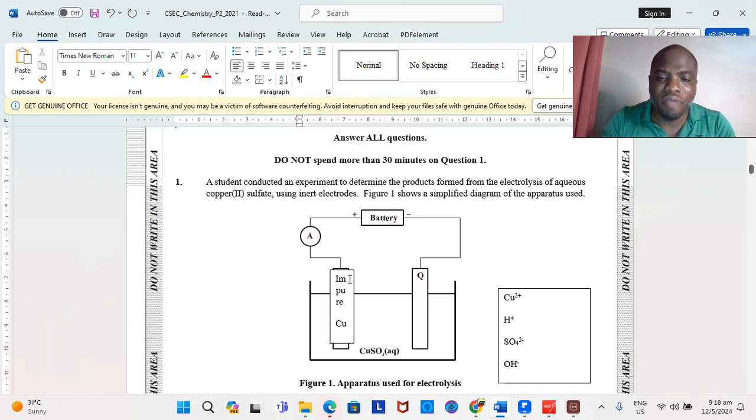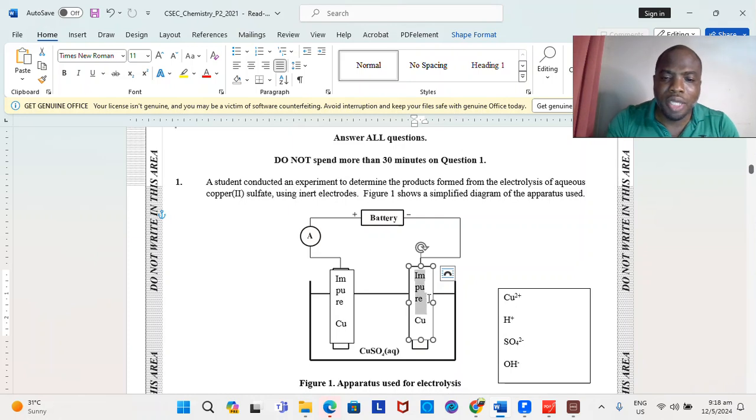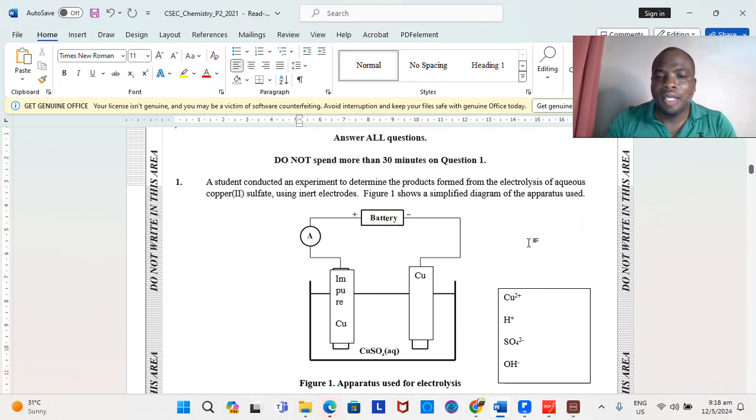That's one modification. The next thing that we would do is to make the cathode out of copper.